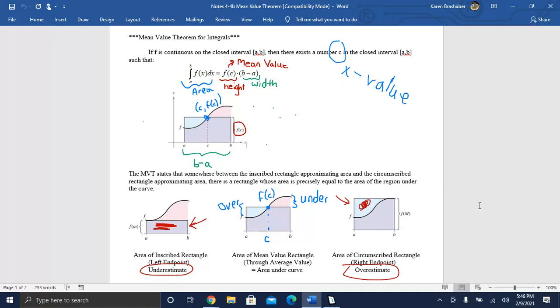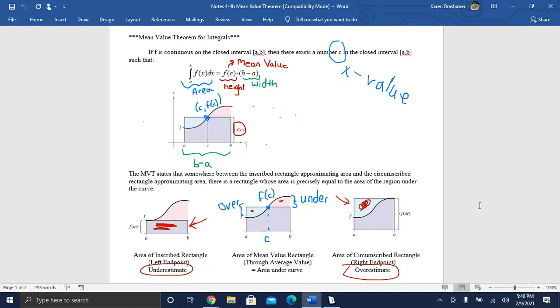But a rectangle drawn through the mean value of the function, or through the average value of the function, has the same amount of overestimation as it does underestimation, and therefore provides an exact measure of the area under the curve.